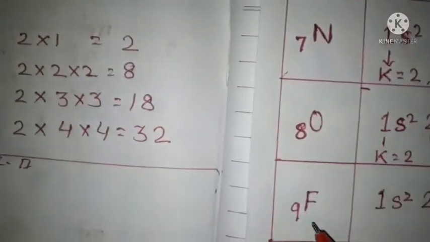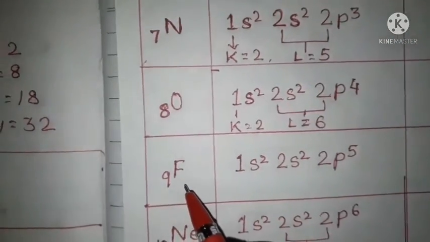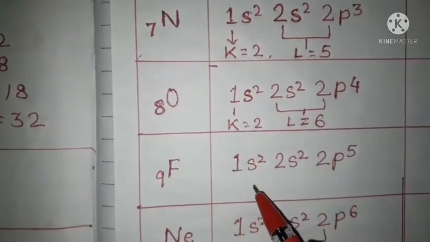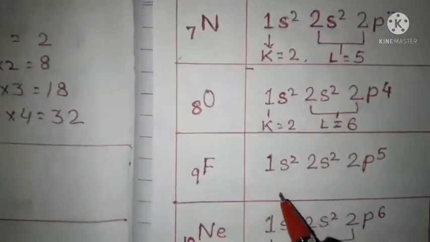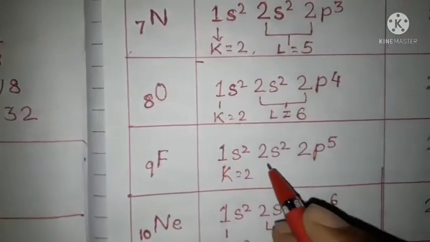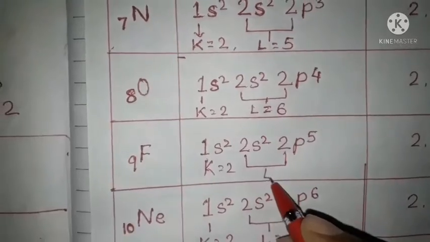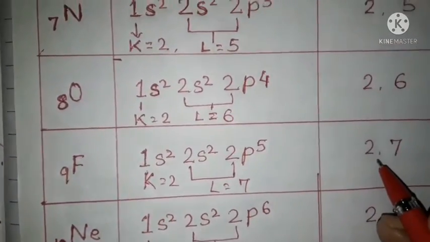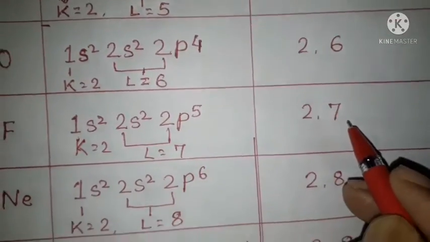Next, fluorine. Z of fluorine is 9. So we write it 1s2. In K shell, we know that 2 electrons. In L shell, we know that 7 electrons. So we write it 2 and 7.